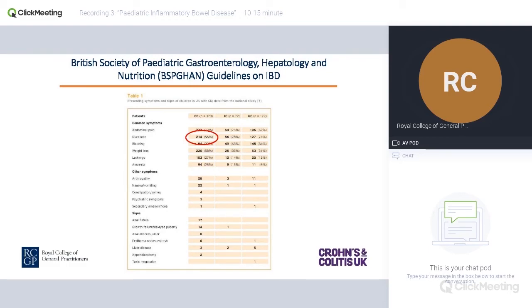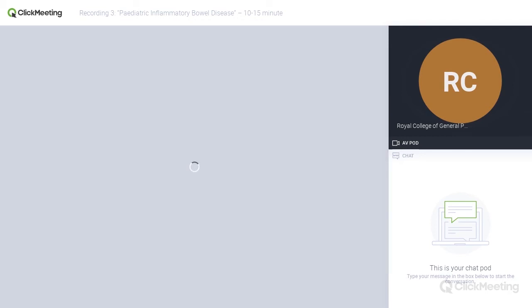So when you see a child that comes to us with failure to thrive, not meeting their growth targets, weight loss, abdominal pain, anemia, fatigue, all those vague symptoms, it's important for us not to assume that if they haven't got a change in bowel habit, they can't have IBD, because all the other symptoms are definitely much more common than a change in bowel habit. So bear that in mind, you don't have to have diarrhea to have IBD in children. In adults, almost certainly you do with straightforward IBD, but in children, less so.